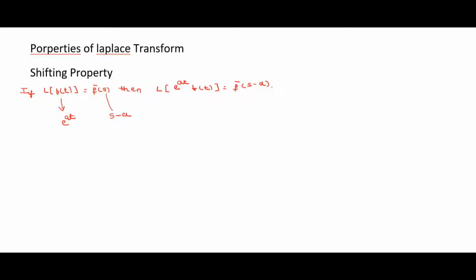So to prove this, we know the formula for Laplace transform.